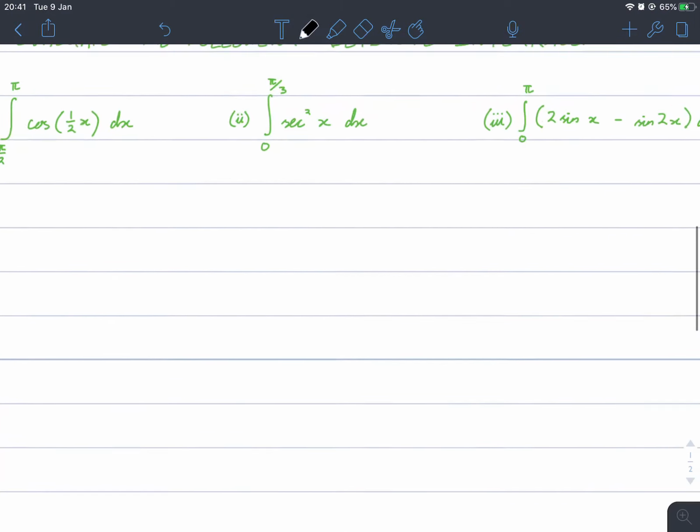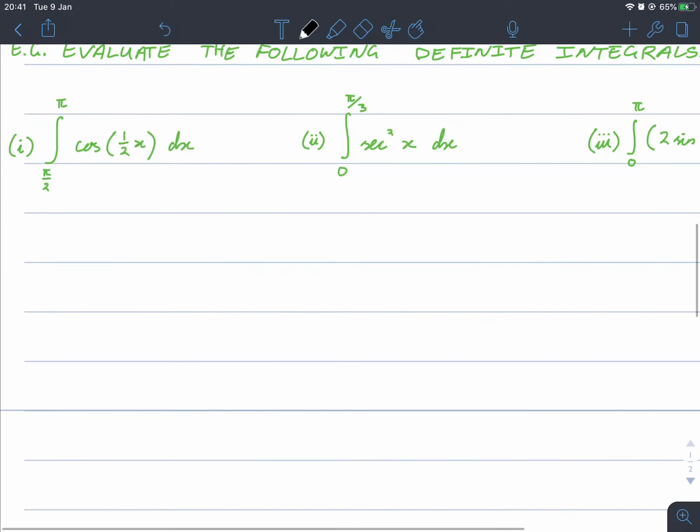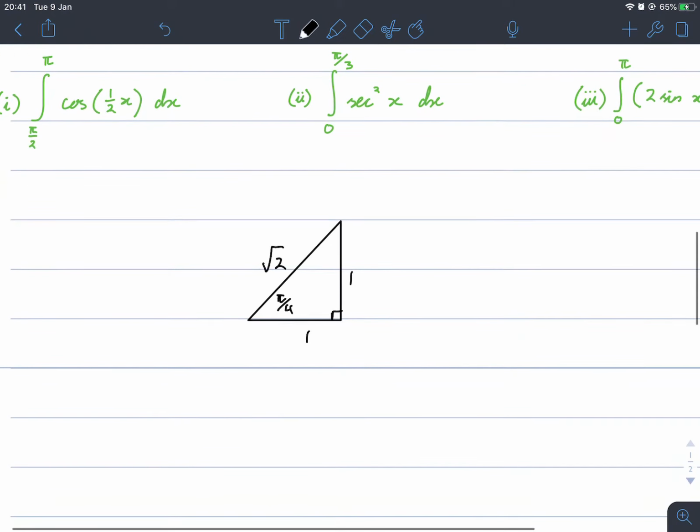Before I begin, because we're going to be substituting values of pi, we're going to draw out our exact ratios. Pi on 4, 1, 1, √2.